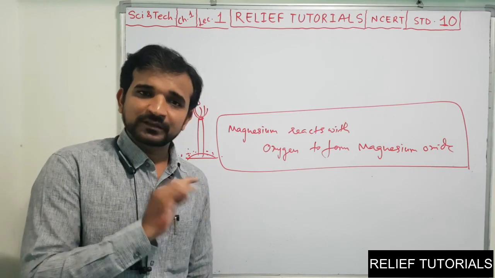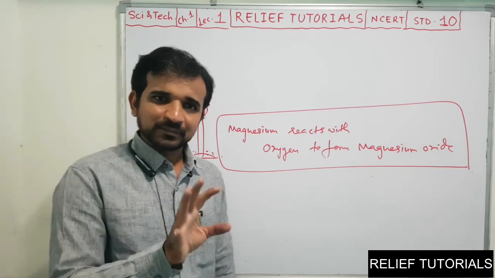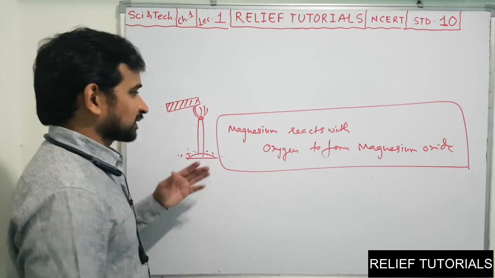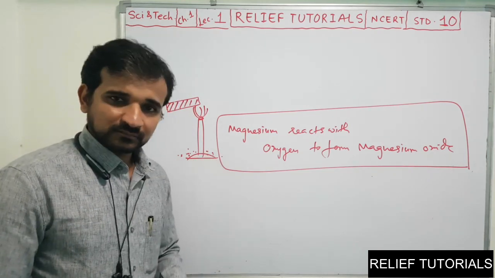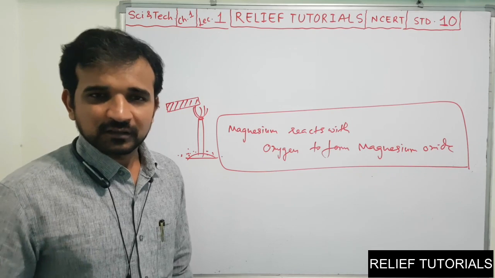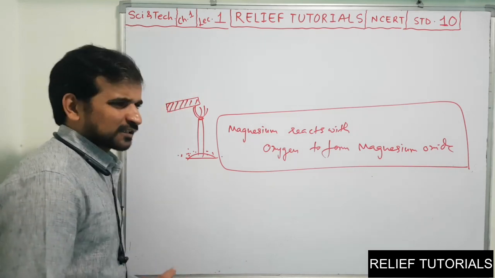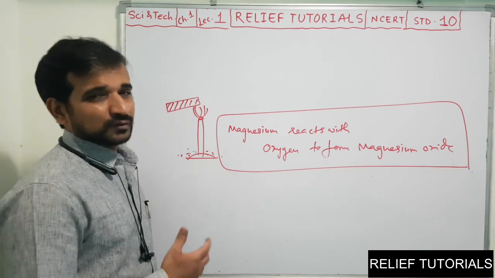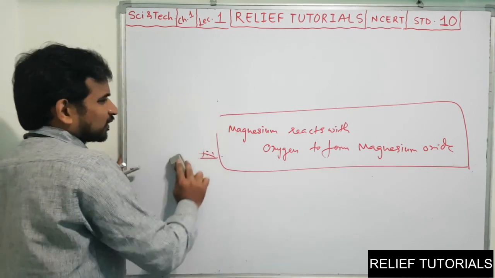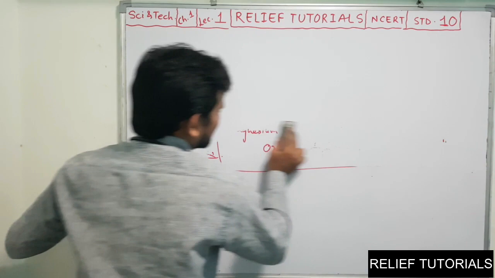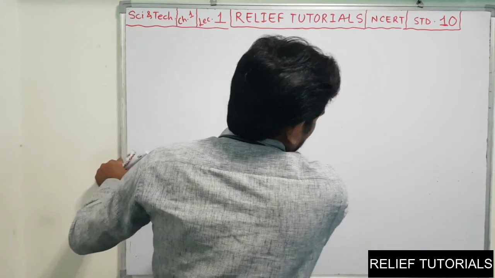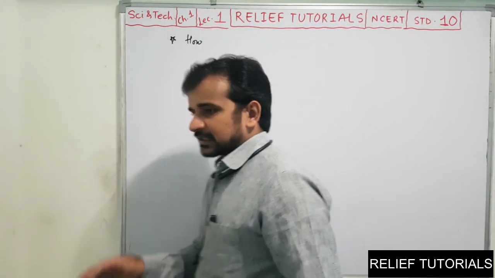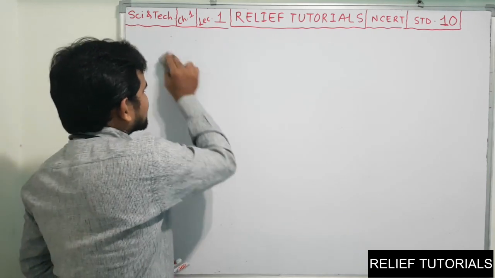The change in the chemical property indicates that a chemical reaction is going on. Change of color, some particular energy coming out, sometimes energy required. With the help of these indications you can know whether the reaction is going on or not. This is all the basic information we have seen in 9th standard.